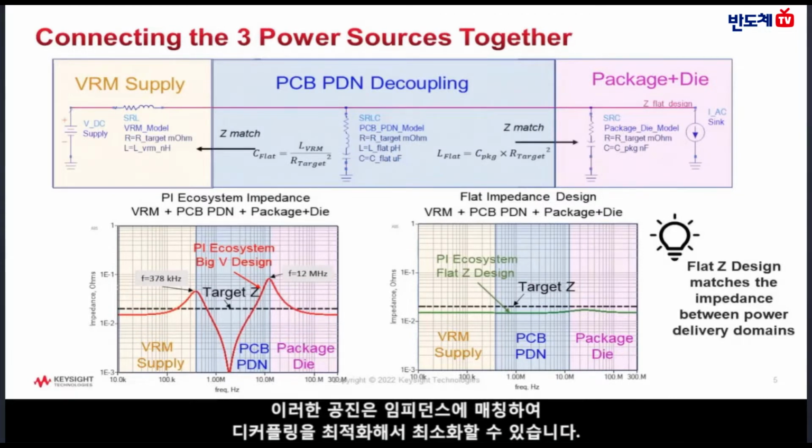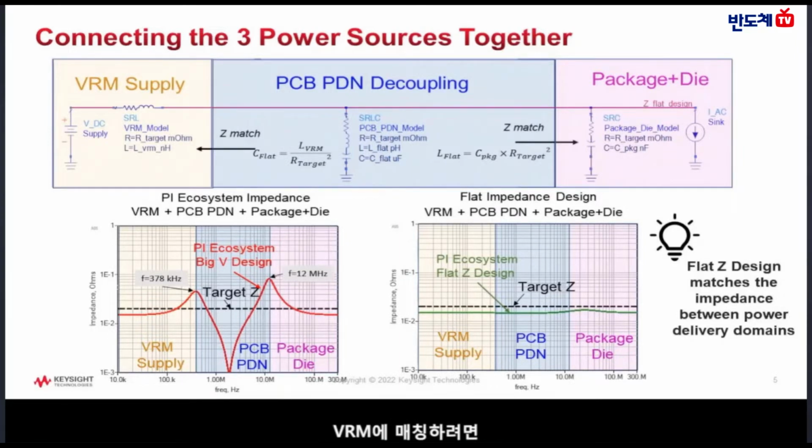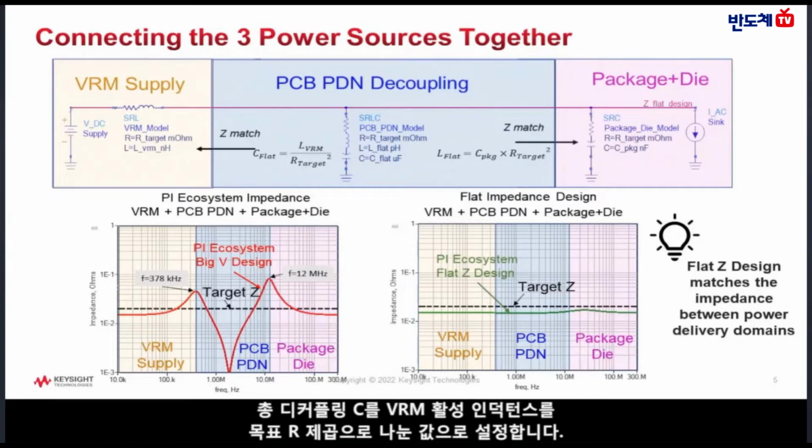These resonances can be minimized by optimizing the decoupling to match impedance. To match the VRM, set the total decoupling capacitance equal to the VRM active inductance divided by the target R squared.